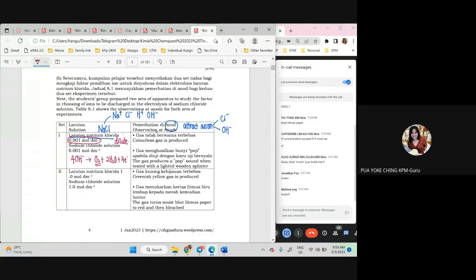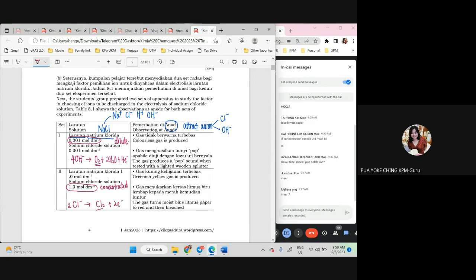Okay, NaCl 1 mol dm minus 3. Dia concentrated. So dia pilih Cl minus. 2 Cl minus produce Cl2 plus 2E minus.